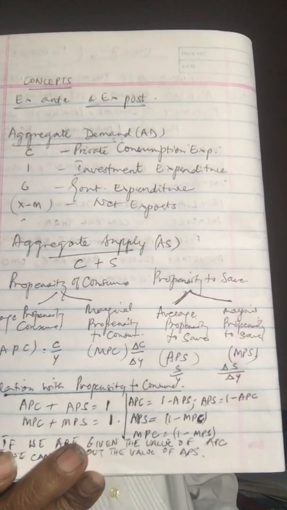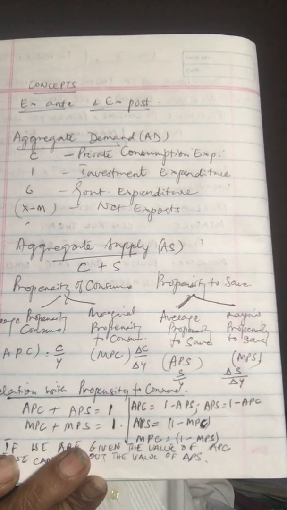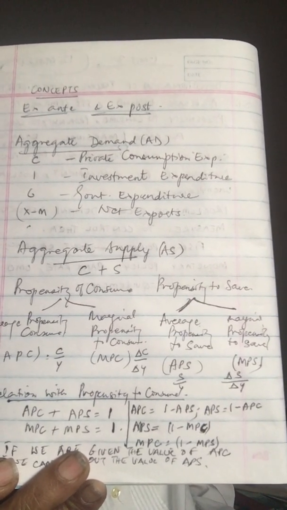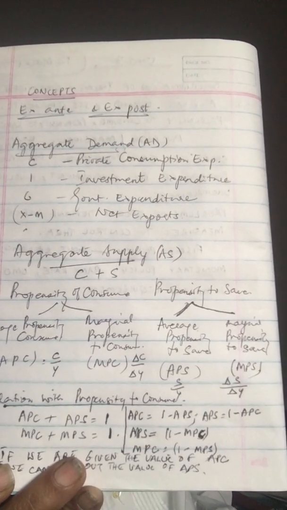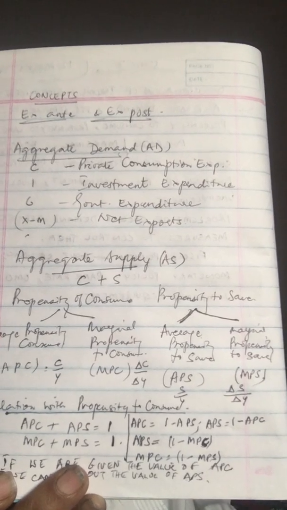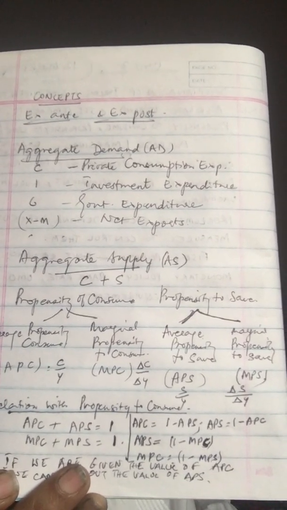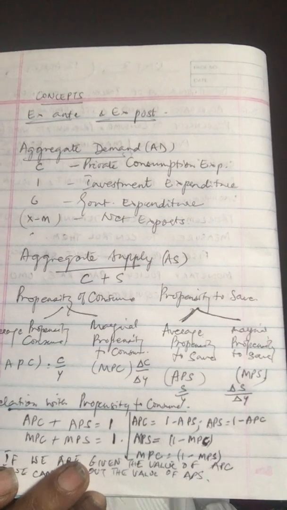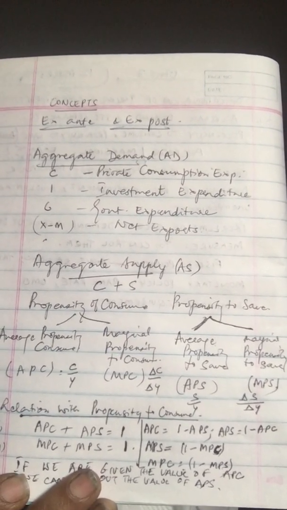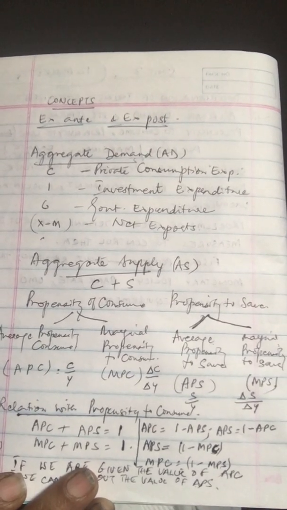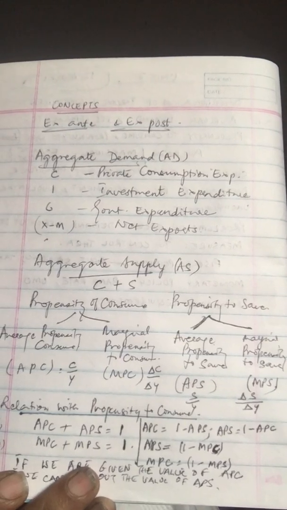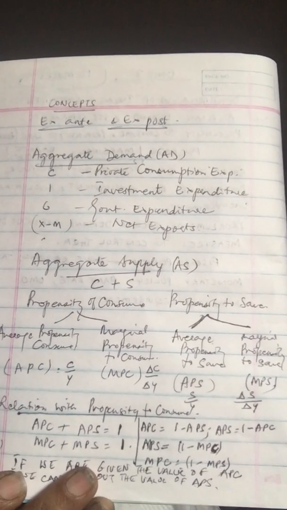Aggregate supply is output or income. Income can either be consumed or saved. So then he talks about propensity to consume and propensity to save. Propensity to consume has the average propensity and the marginal propensity to consume. So also propensity to save has an average propensity to save and a marginal propensity to save.